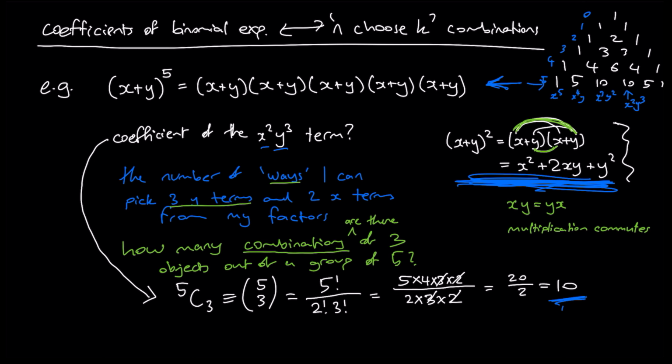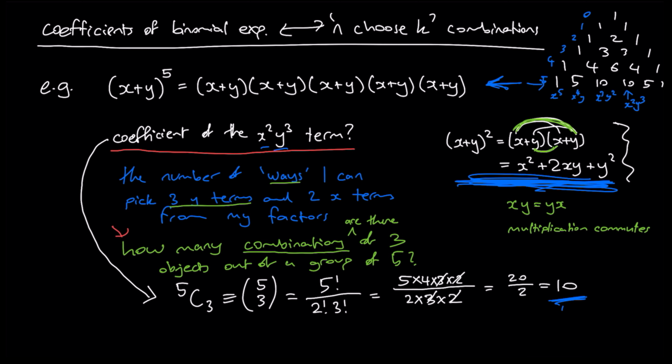So that's an example describing the relationship between the coefficients of the binomial expansion and these n choose k combinations. And really what that connection is, is that asking for the coefficient of a specific term in the binomial expansion amounts to asking for a combination.